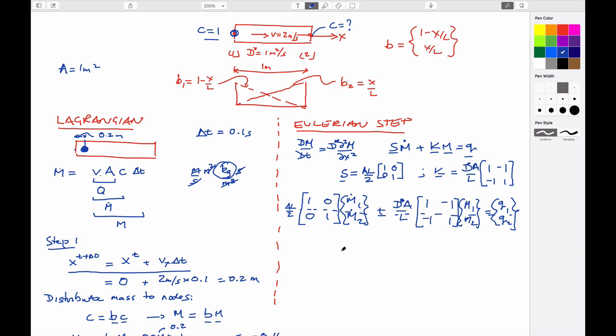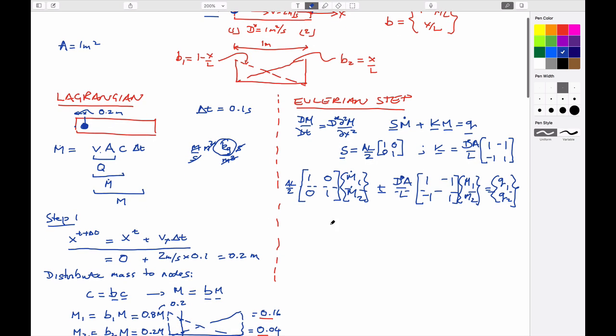And when we manipulate this to be able to solve it, as you'll recall, K plus 1 over the time step times storage, multiplied by mass, is equal to Q plus 1 over the time step times storage times the mass from the previous time step. And this is the mass for the future time step, t plus delta t.